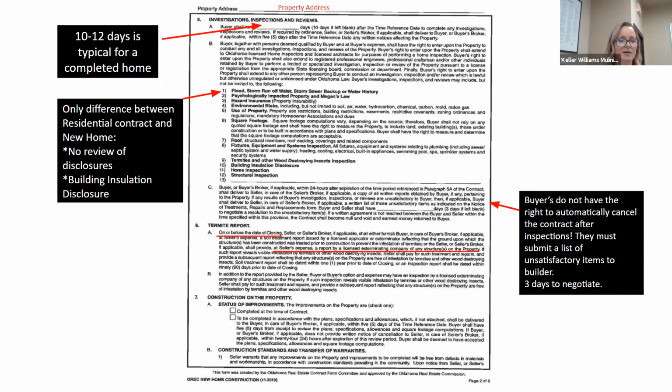Maybe the property's set, he started building in 2018. He's self-funding, so he doesn't finish it until 2020. Well, the soil treatment is 1 year old, so now he needs to have the house actually investigated by an extermination company. And he will, at his expense, do that and provide that to the buyer.